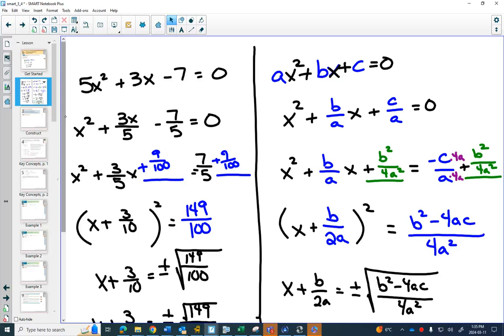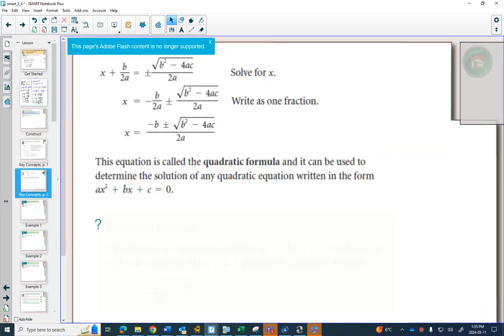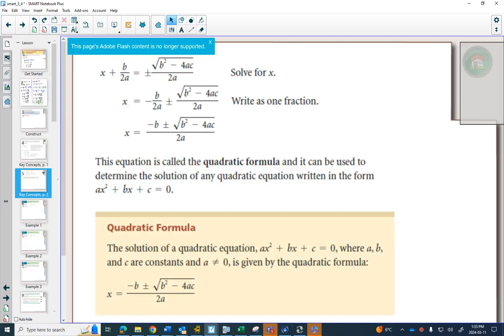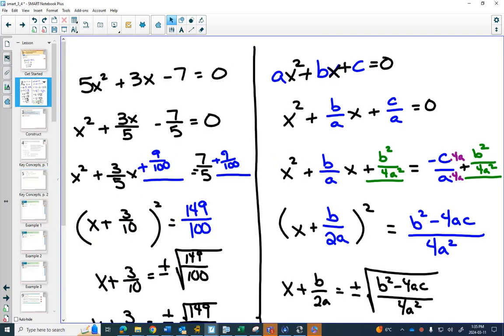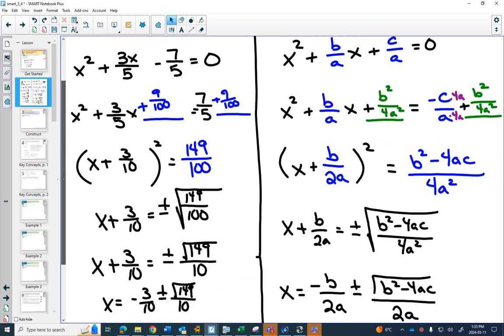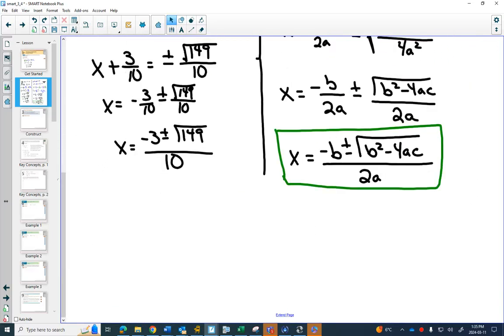So at the bottom of the page, you have the quadratic formula on the bottom of page 213. And we just found out how to get it. Now, what's the nice thing about the quadratic formula? I'm going to take this 5x squared plus 3x minus 7. I'm going to rewrite it here at the bottom.